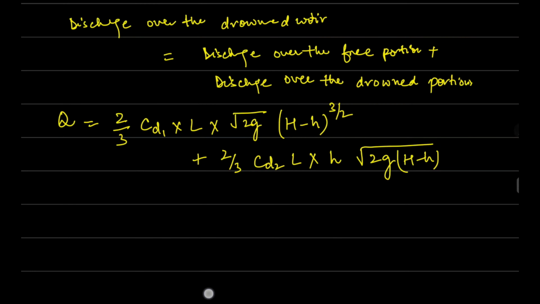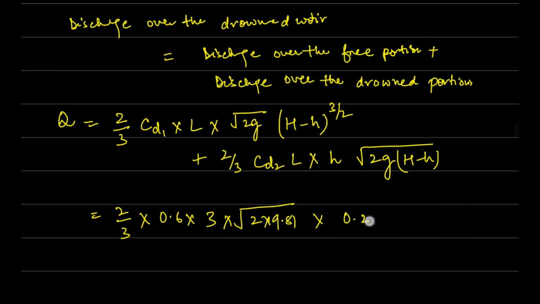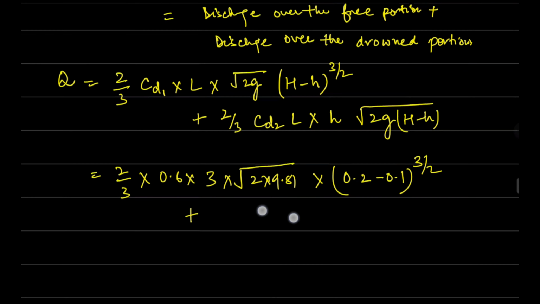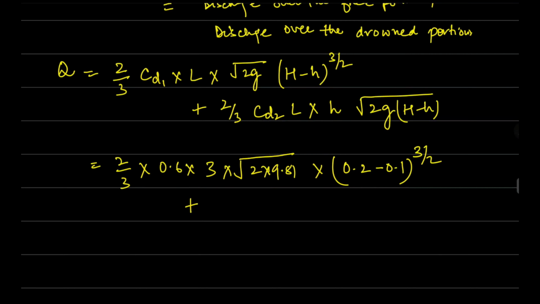If we now replace all the values, so this will be 2 by 3, CD1 is 0.6, L is 3, and then under root 2 multiplied by 9.81 and multiplied by 0.2 minus 0.1, raised to the power 3 by 2, plus, I just made a mistake, this value will not be the 2 by 3.